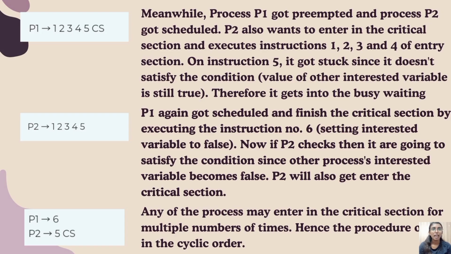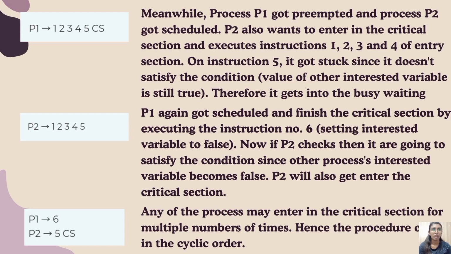P1 again got scheduled and finished the critical section by executing instruction number 6, setting its interested variable to false. Now if P2 checks, it will satisfy the condition since the other process's interested variable has become false.